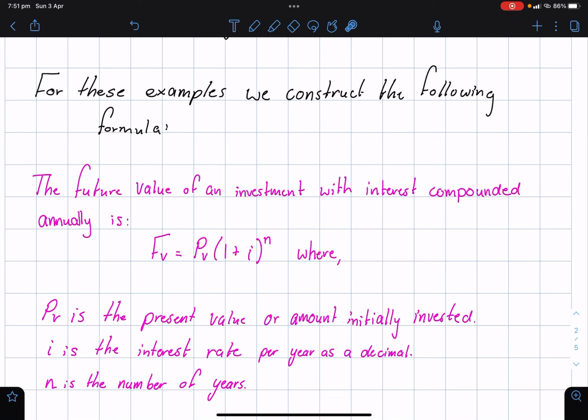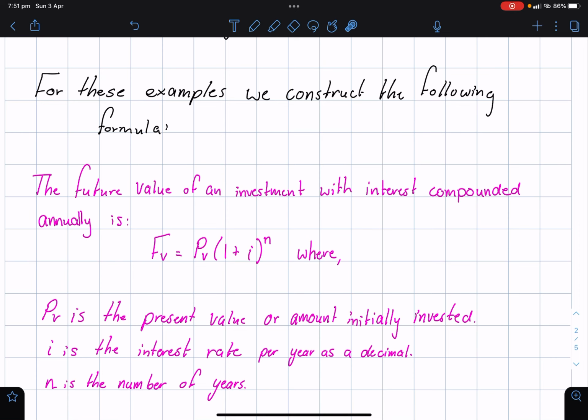It's either the amount that was initially invested, or if you're looking from a certain time period after 2 years, PV would be that value after 2 years. I is the interest rate per year as a decimal. We want it in decimal form, not percentage form. And then N is the number of years.